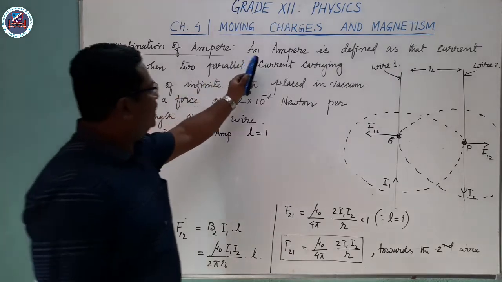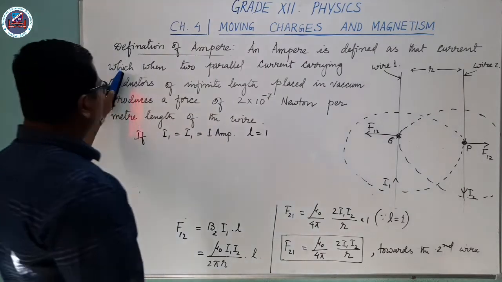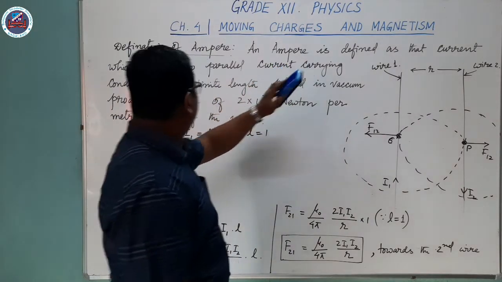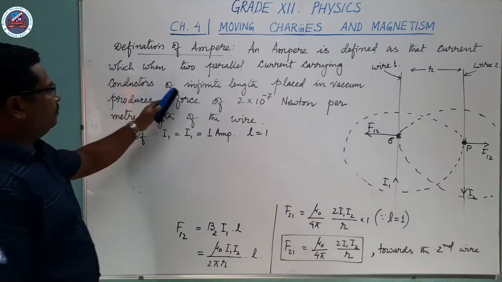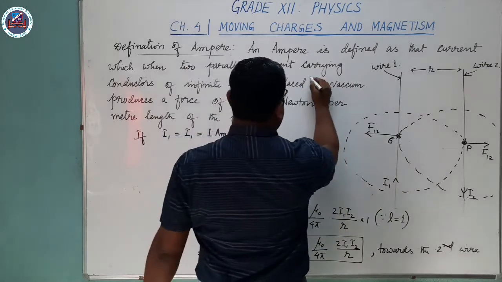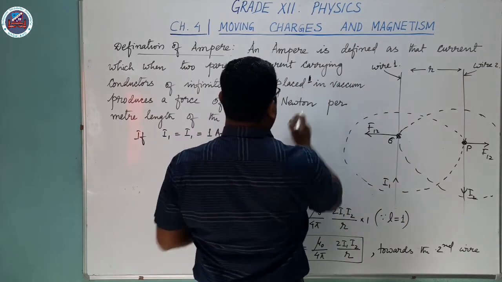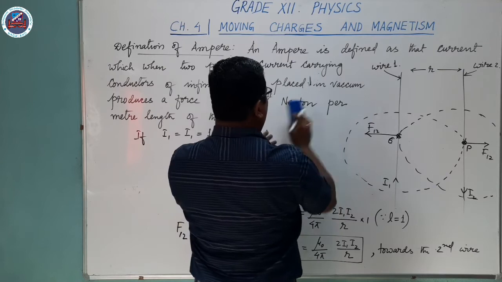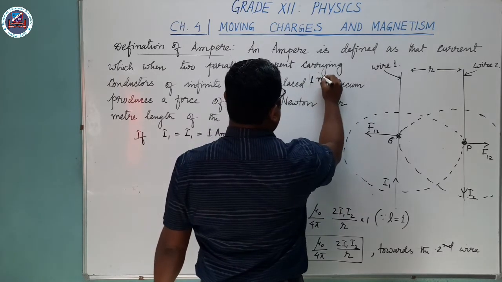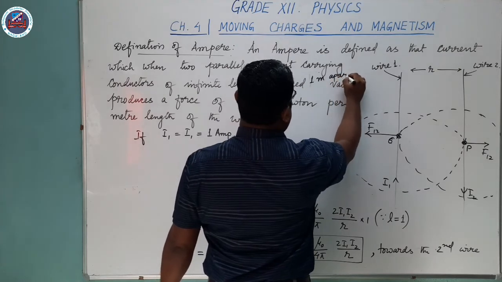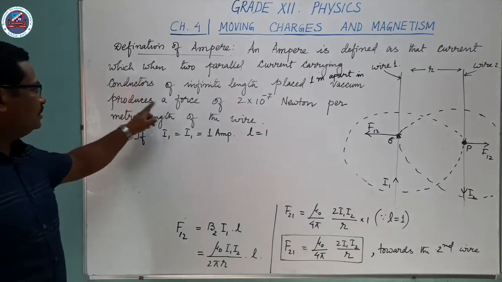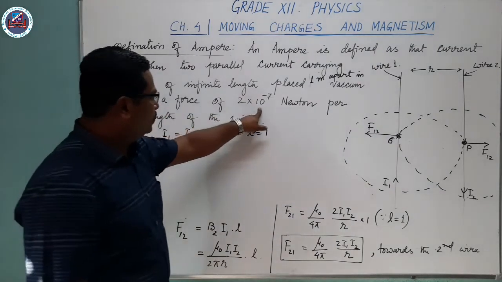See, an ampere is defined as that current which, when two parallel current carrying conductors of infinite length are placed 1 meter apart in vacuum, produces a force of this value.